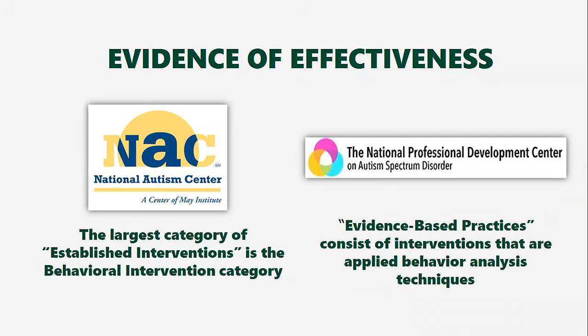And they review not just behavior analytic treatments, but tons of other treatments. They have a category they call established interventions. This is the category they place therapies in if there's enough empirical evidence demonstrating their effectiveness. And the largest category of established interventions for them is the behavioral intervention category.